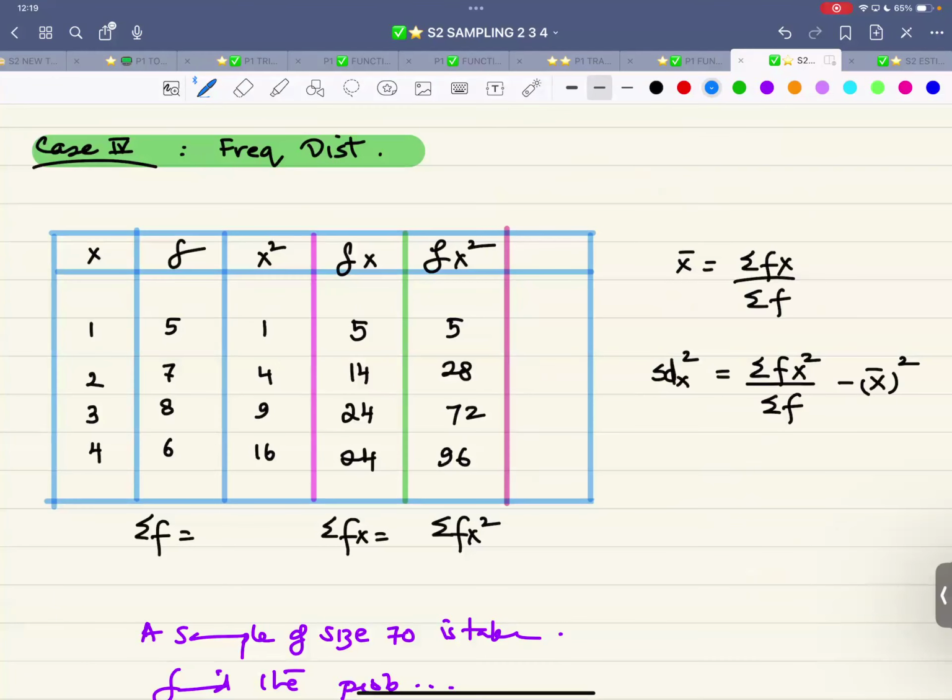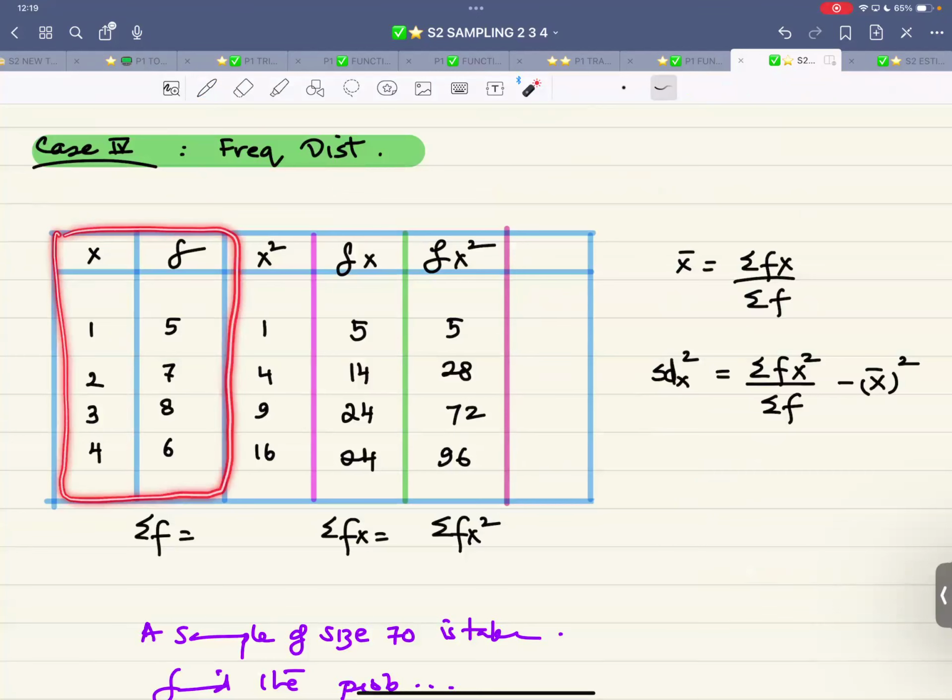Another scenario is about frequency distribution. Let's say this data is given, that is about X and F, and we need to calculate the mean and variance. So our objective is to calculate mean and variance by any which way. Over here, the knowledge that you have used in S1 will be used.